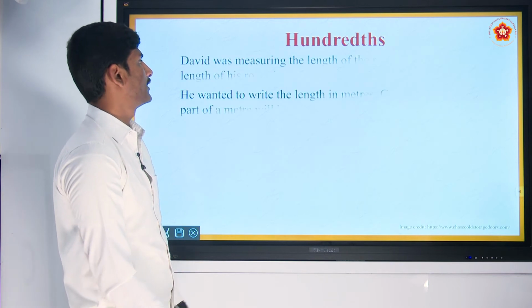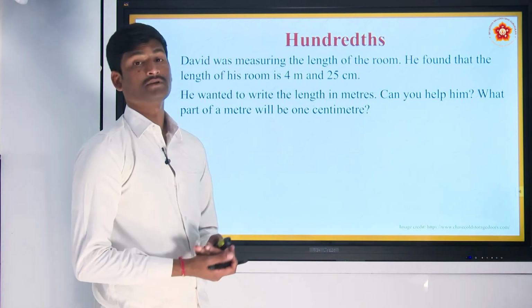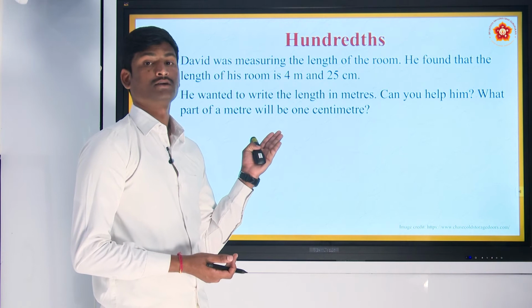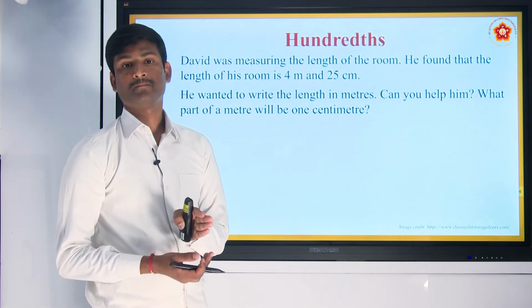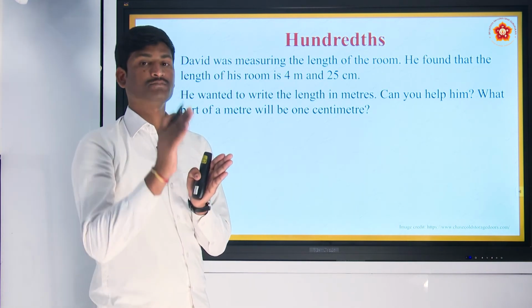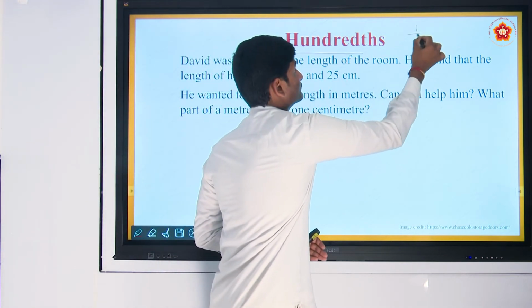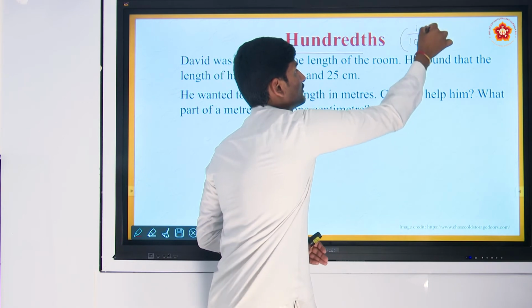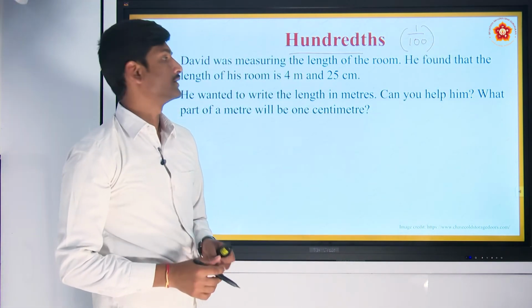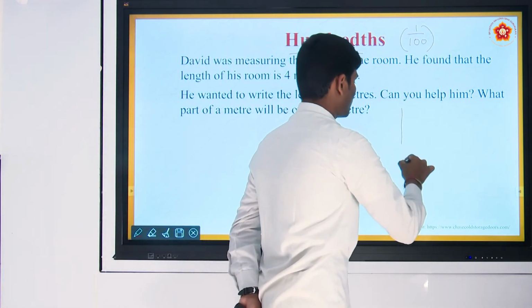Next, hundredths. You already know the tenths place. After the decimal point comes the tenths place and then the hundredths place. Hundredth is 1 by 100. 1 by 100 is the hundredths place. Here I take one block.